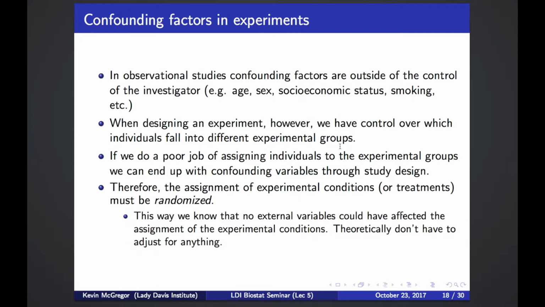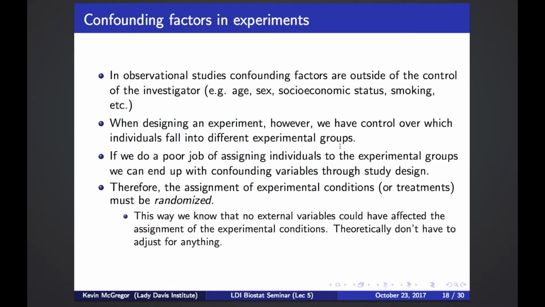But as many of you are doing, you're looking at experimental data rather than observational data. The main advantage of experimental data is that we do have control over which individuals fall into our different experimental groups. But we have to be careful, because if we don't do a good job of assigning individuals into the groups, we can actually end up with confounding by study design.